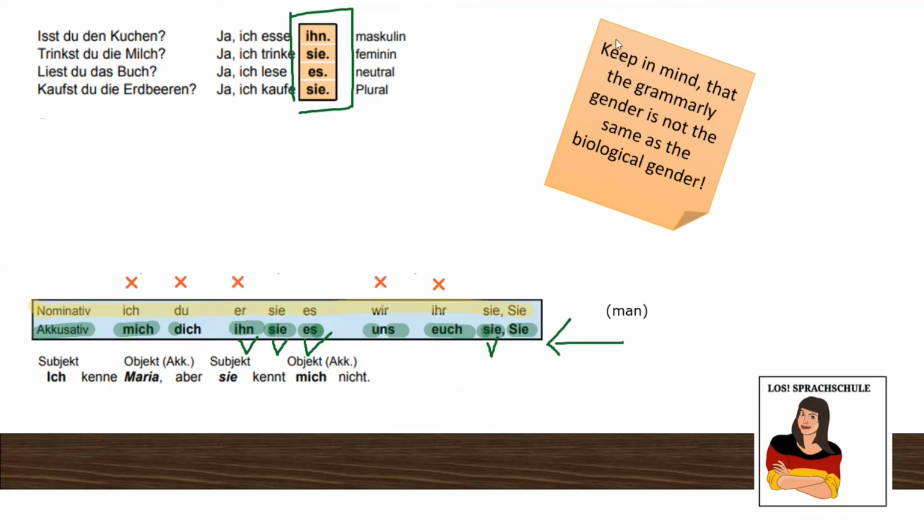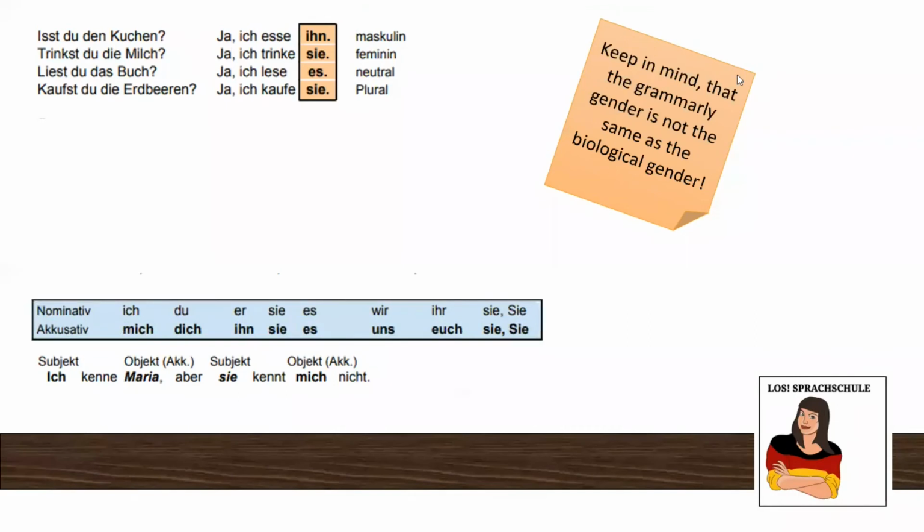For example, we have here, ich kenne Maria. First part of the sentence: I, the subject, know, verb, Maria. Maria is the object in accusative. Of course, if it is a name, we don't see it. It's not obvious, but we have to know it. It's the object. What else could it be? Aber sie kennt mich nicht. But she does not know me.